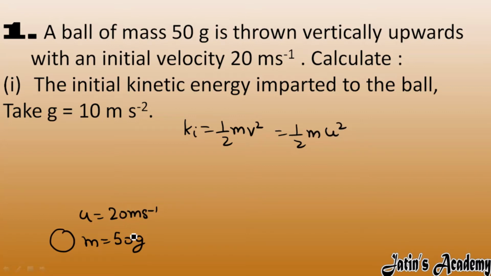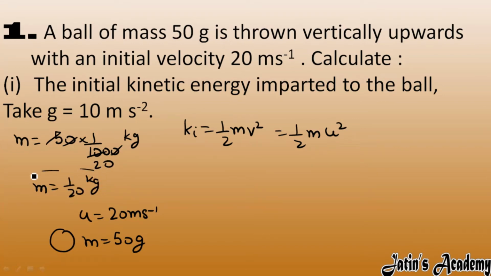Now mass is given in gram, so let's convert it into SI unit, kilogram. Dividing by 1000, we get mass as 1 by 20 kilogram.